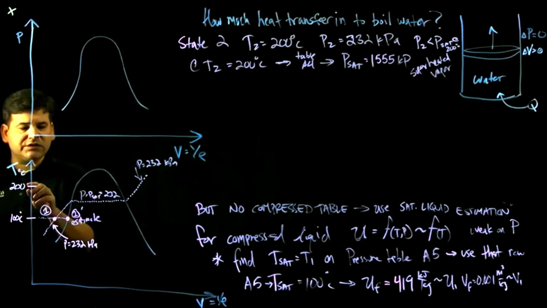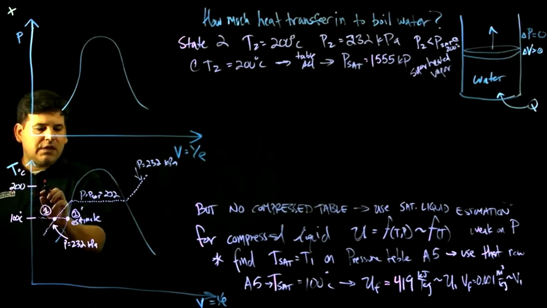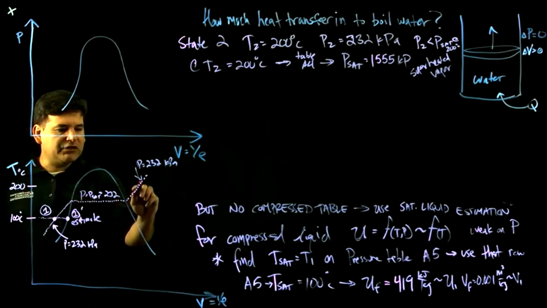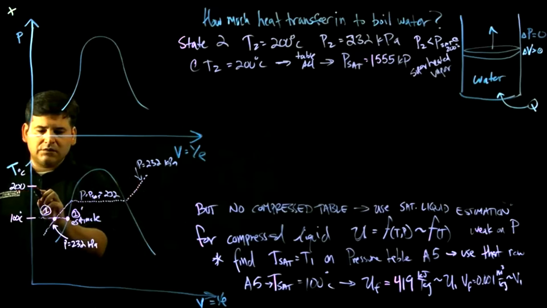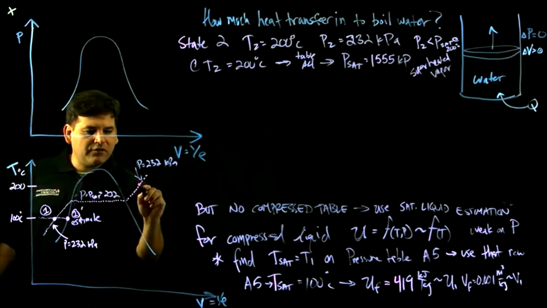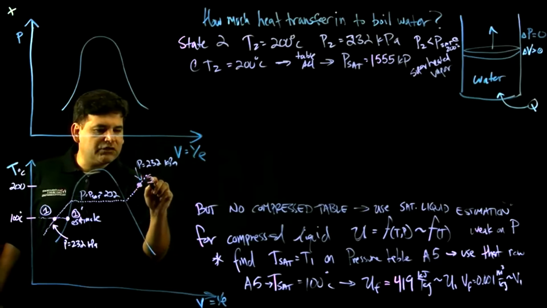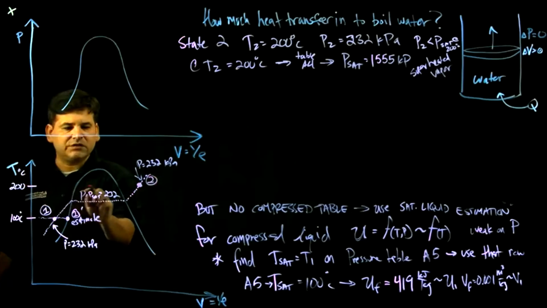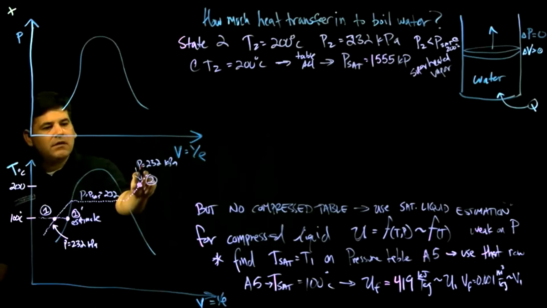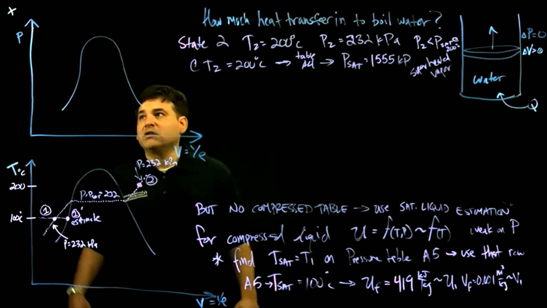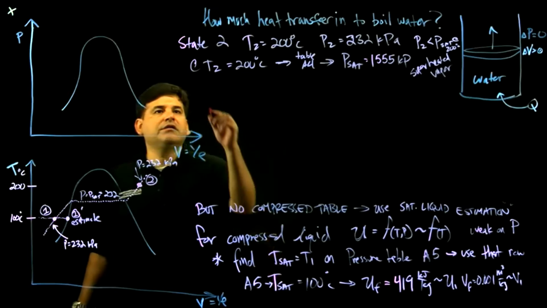So we know we're 200 Celsius, and our pressure is 232. The only way that can happen is you're somewhere out here. So as I said, this is the final state. Here is state 2. 200 Celsius and 232 kilopascals. We could also look at that from the perspective of pressure.